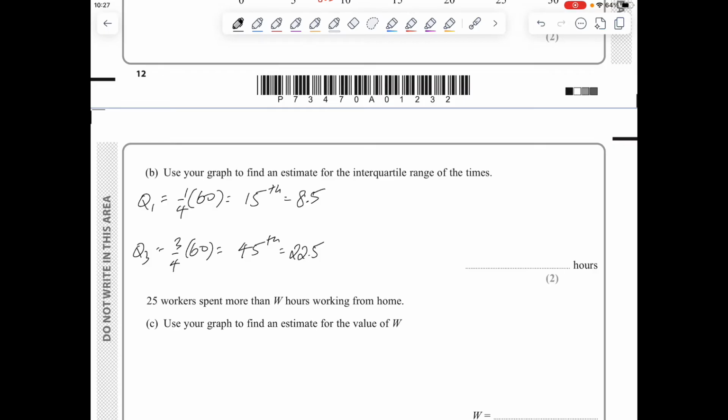Now the mark scheme accepts answers between 8 and 9.5 for Q1 and 21 to 23 for Q3. So IQR, interquartile range, is equal to Q3 minus Q1, which is 22.5 minus 8.5, and according to my answers, I get a value of 14.